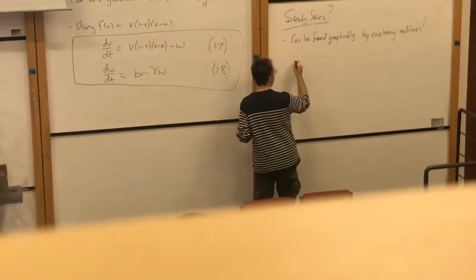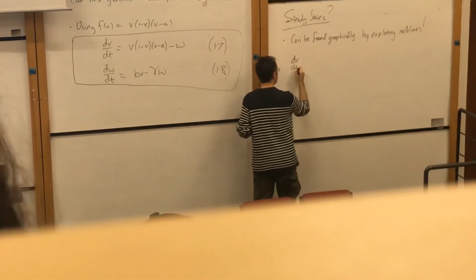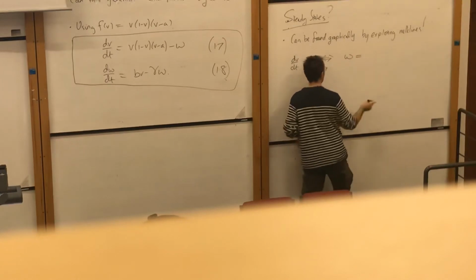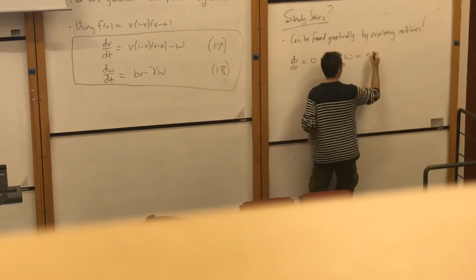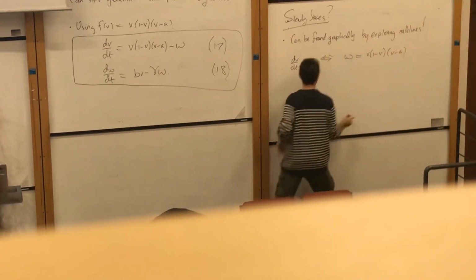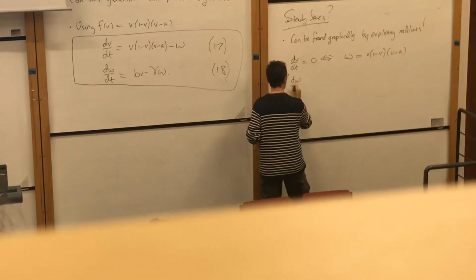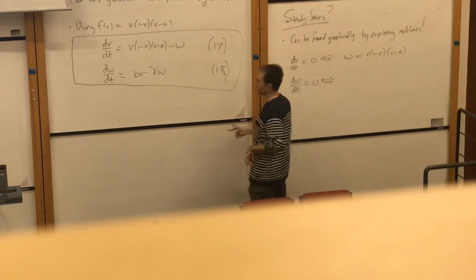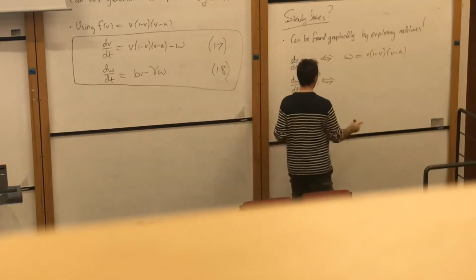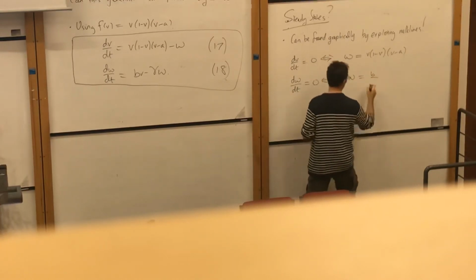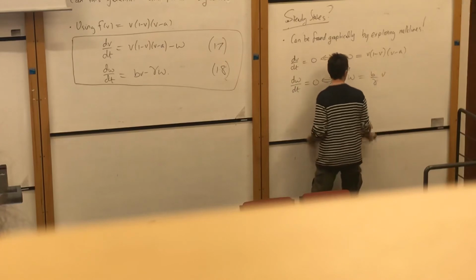The v null line, dv/dt equals 0, if and only if w is equal to f of v, which is v times 1 minus v times v minus a. And dw/dt is equal to 0, even easier, if and only if w is equal to b over gamma times v.